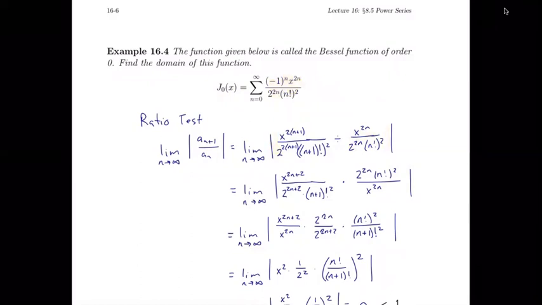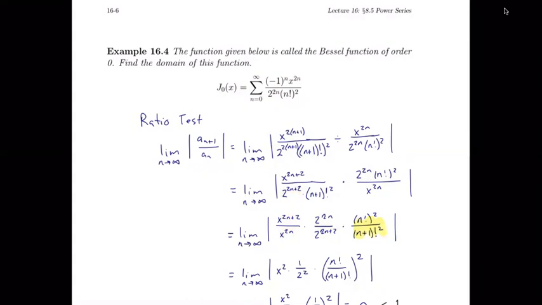So first things first, we're dividing by a fraction, so we'll multiply by the reciprocal of that fraction. Now we'll group the like terms. All the x's are grouped together. Exponential functions, 2 to powers of n, are grouped together. And then our factorial functions are grouped together as well. Okay, group like things because like things cancel.